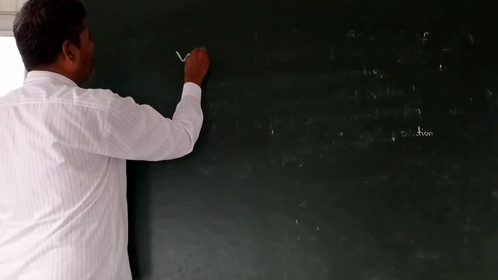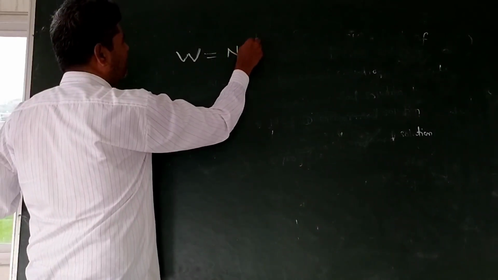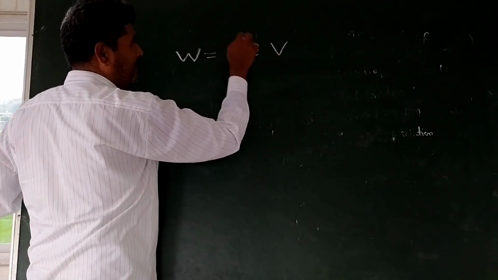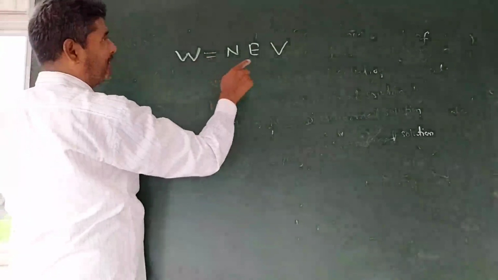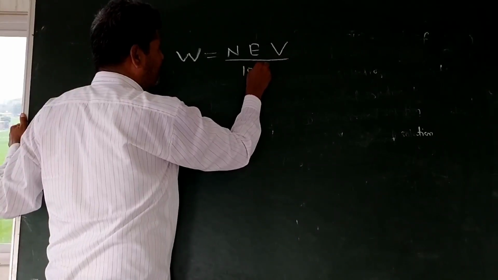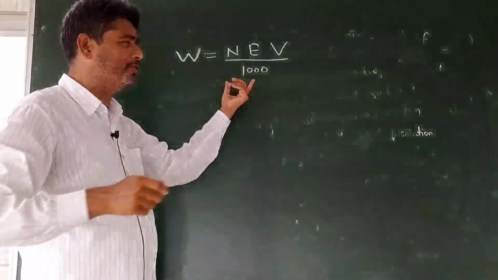W is equal to N E V upon 1000, where W is weight of solute, N normality, E equivalent weight, V volume in milliliter, and we use 1000 in denominator. Why is it so?